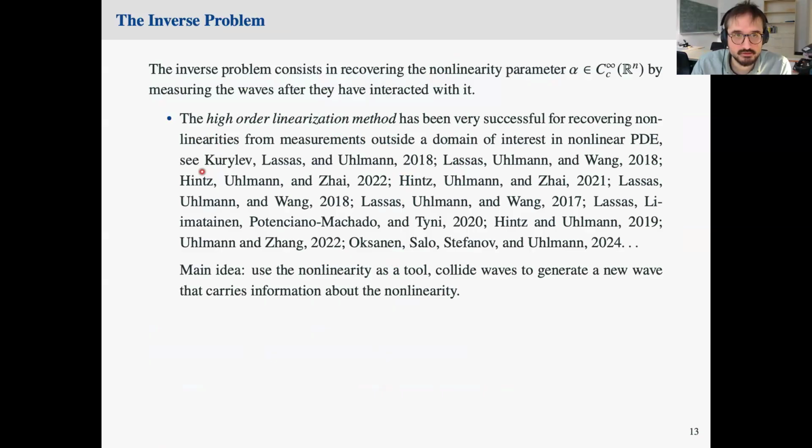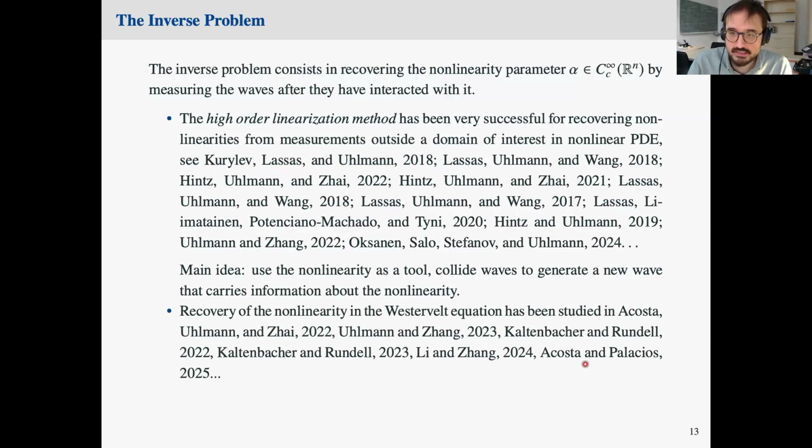After the pioneering paper of Kurylev, Lassas, and Uhlmann, published in 2018, there has been a lot of activity in the topic, which mainly uses the high order linearization method, in which you use the nonlinearity as a tool, and then you collide waves to obtain information about your nonlinearity. So here we're not using linearization, essentially. We're using asymptotic solutions.